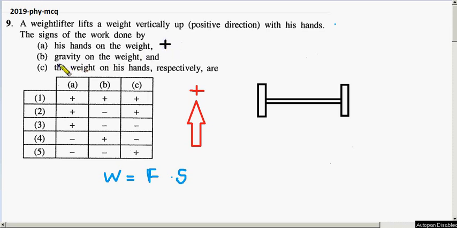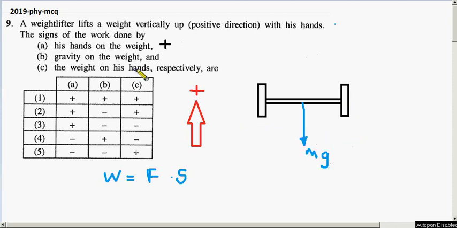Then statement B, gravity on the weight. What does gravity do? The gravitational force, the direction of gravitational force is this way, mg. So what happens to the weight? Does it move this way?